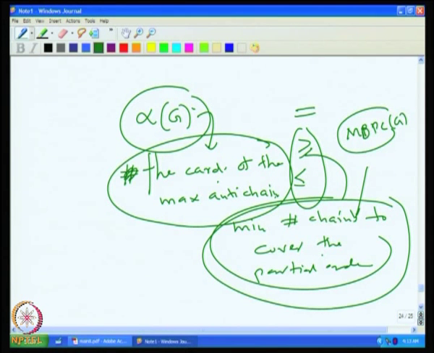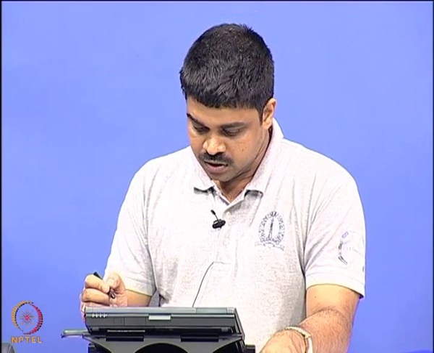So both inequalities hold, each is less than or equal to the other, and from that we can infer that both are the same.